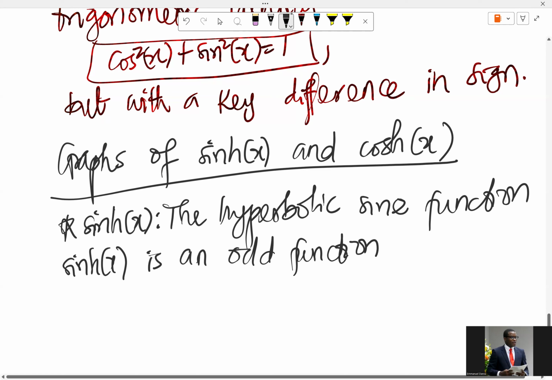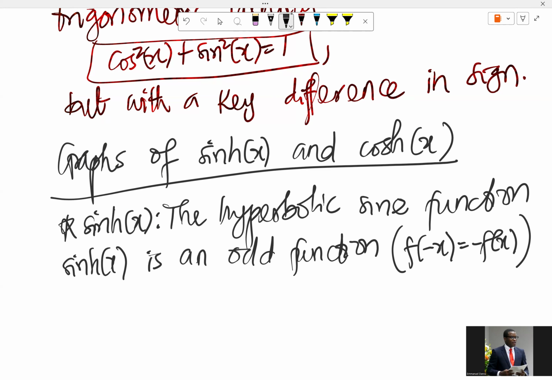What that simply means is that f of minus x is equal to minus f of x. That is what an odd function is. If you put the negative of a particular value, the answer you get is the negative of the function at that value. For instance, a very good odd function is x cubed.